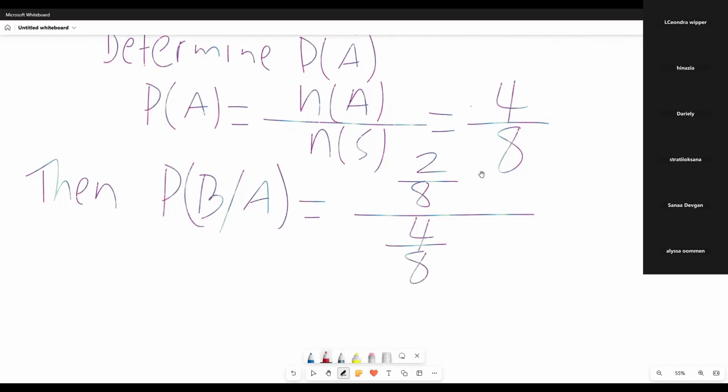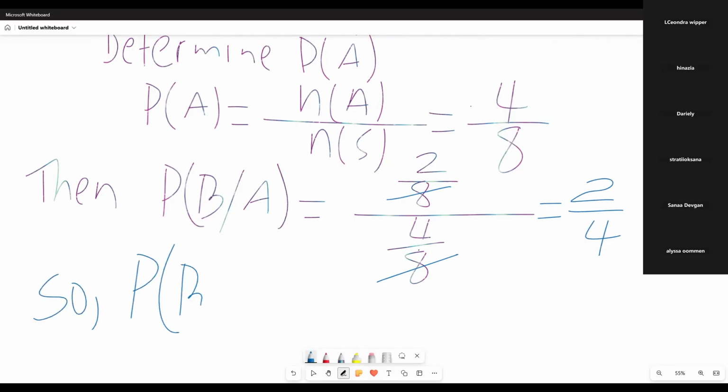Now, if you want, here you can get rid of the 8. So you got only 2 over 4. So P of B given A, simplifying here, that would be 1 over 2.